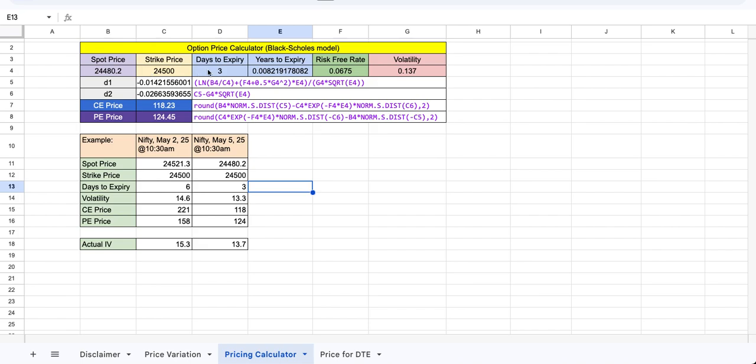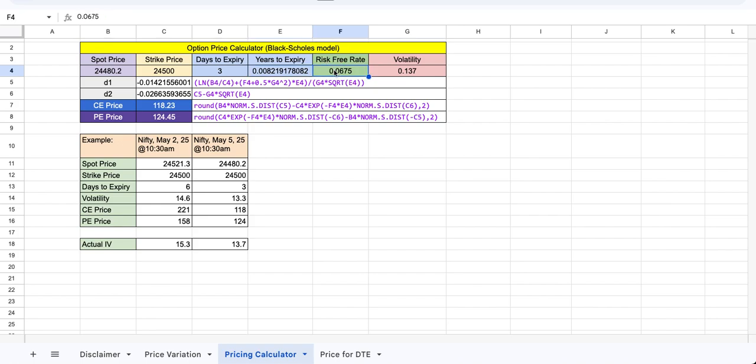Days to expiry: every option contract has an expiry, so days to expiry means how many days are left for the expiry. Years to expiry is nothing but D4 divided by 365, which converts the days into years.